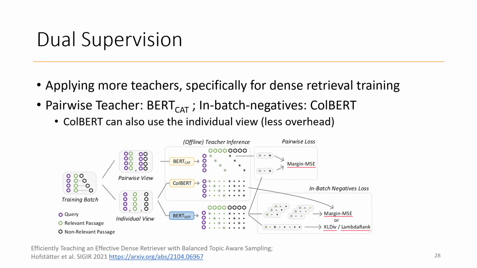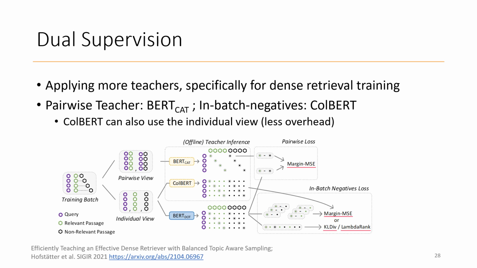Because our Margin-MSE loss doesn't really care which type the teacher model is and which type the student model is, we can also use it in a so-called dual supervision approach. Specifically, now we look at training dense retrieval models only. So we only want to train a BERTDOT model. And we are doing it in the following way.